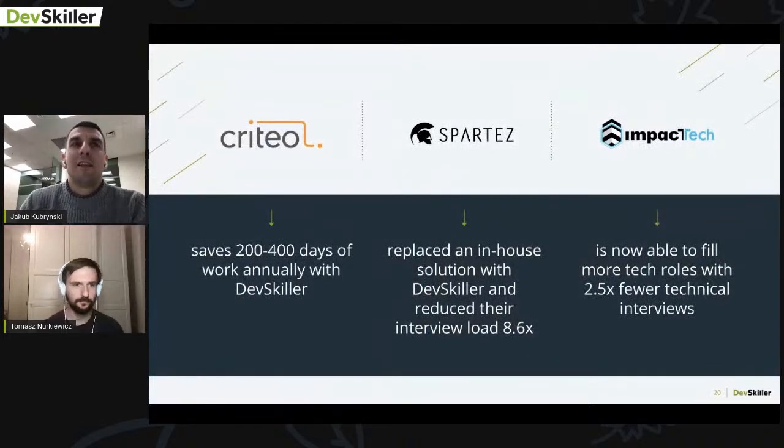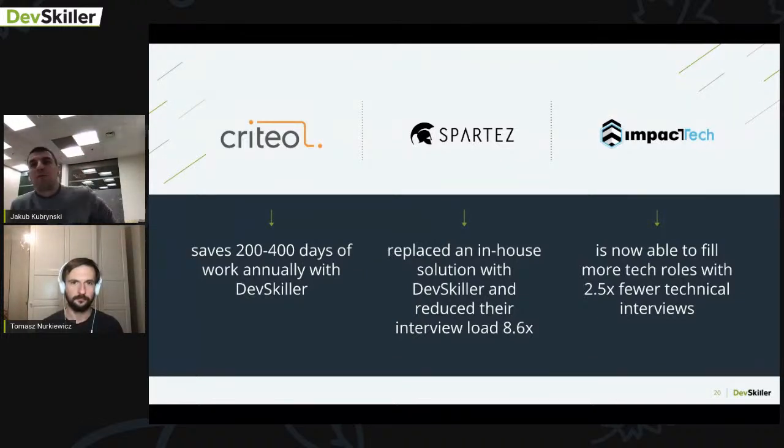And to be honest, that's the last slide before jumping to Q&A. Thanks to that approach, and here we are talking about real customers, Criteria is able to save even 400 days annually with Devsker for hiring people. Spottis, the company basically developing Jira and Atlassian products, replaced an in-house solution with Devsker, and thanks to that, they reduced the interview load almost 10 times.